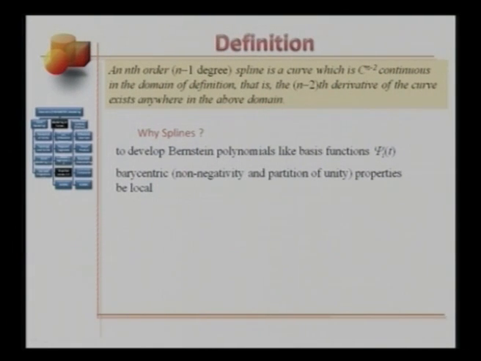We would want these barycentric properties to be local now. What do I mean here? Bernstein polynomials sum to 1 for values of t in between 0 and 1.